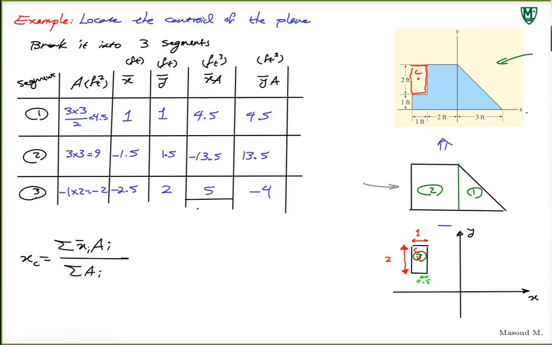So X bar A is minus 4, the numerator, divided by the sum of the areas, the summation of all the elements in this column: 4.5 plus 9 minus 2, which gives you 11.5.